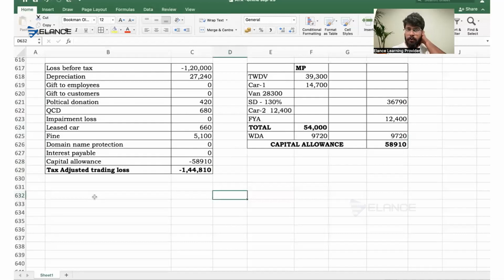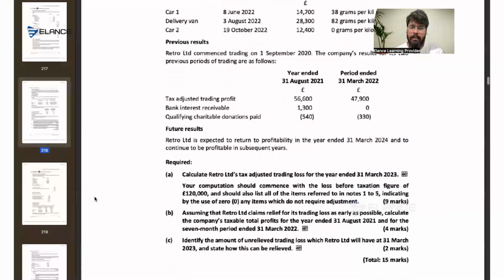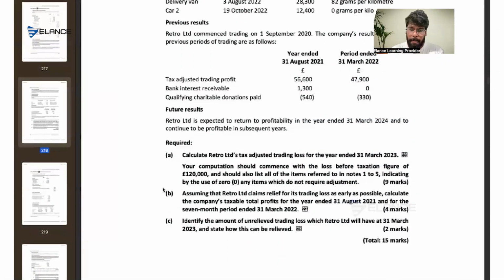Okay, so let us move to the second one. Look at the second requirement, requirement B. Assuming that Retro Limited claims relief for its trading losses as early as possible, calculate the company's taxable total profit for the year ended 31st August 2021 and for the 7-month period ended 31st March 2022.